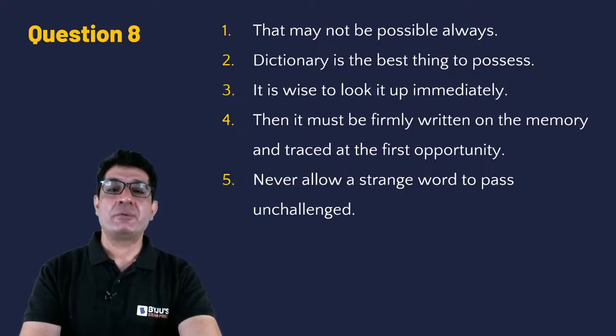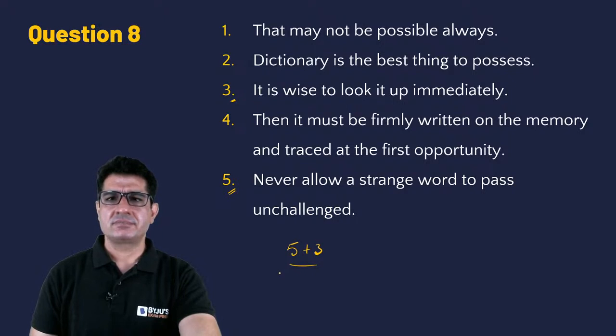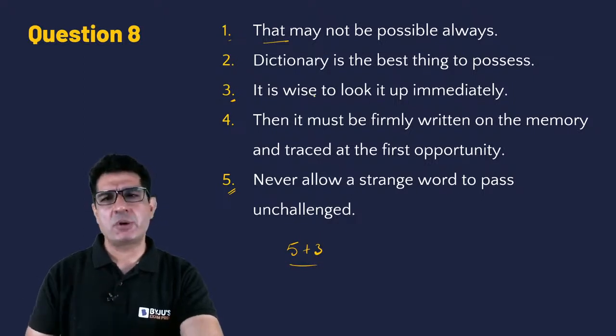Now, if I were to treat it as a para-jumble, I see that 5 and 3, that's a mandatory pair. So they go together. But then look at first, when it says that may not be possible always, what may not be possible?